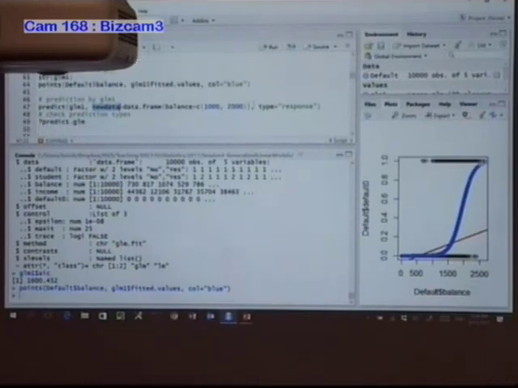So this is to answer the question in the slides. What if I have two new customers? One has a balance of 1,000, the other has a balance of 2,000. What's their default probability? The important part here that wasn't there in linear regression is type equal to response. This is one of the ugly parts of R. All the previous part is pretty much just like in linear regression.